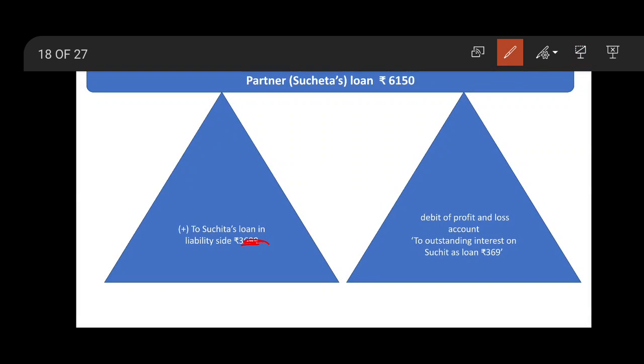What to do with this 369? We will add the amount of 369 to Sucheta's loan on the liability side, and then we will transfer it to the debit of profit and loss account as outstanding interest on Sucheta's loan.